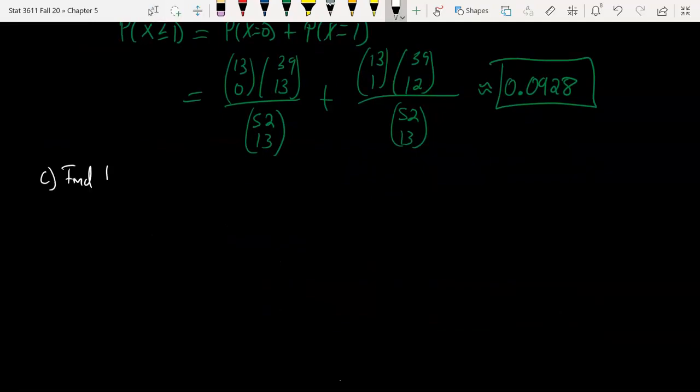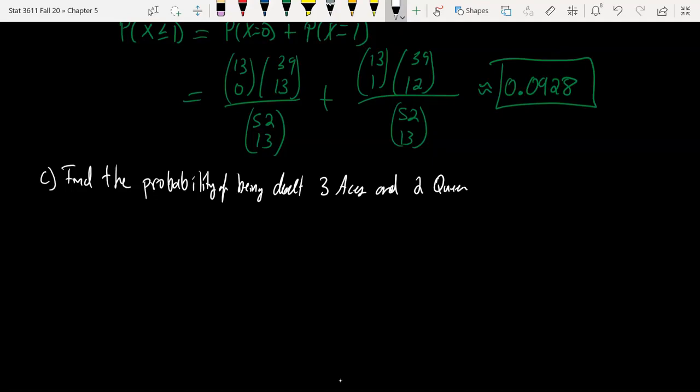Let's find the probability of being dealt, let's say in the hand of 13, 3 aces and 2 queens.